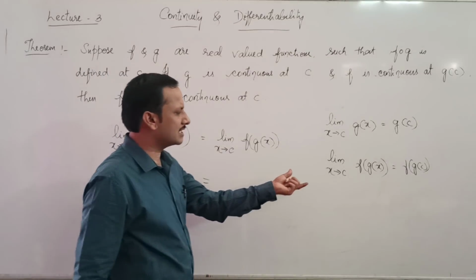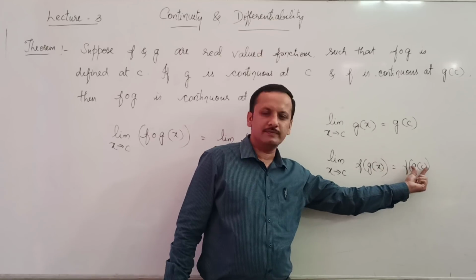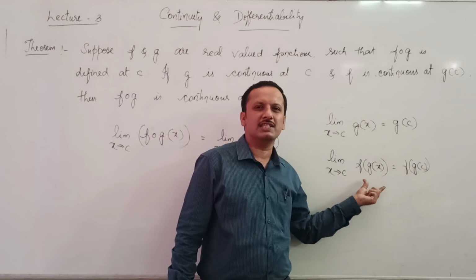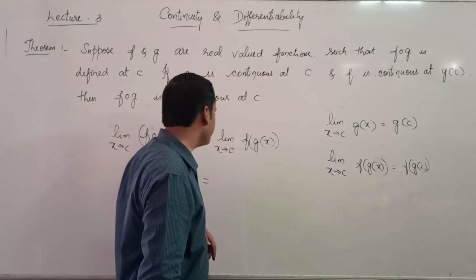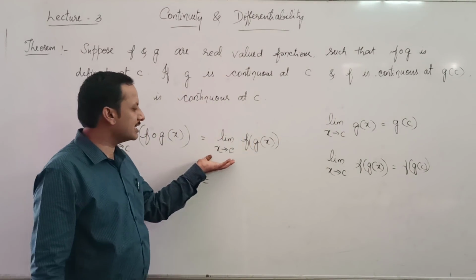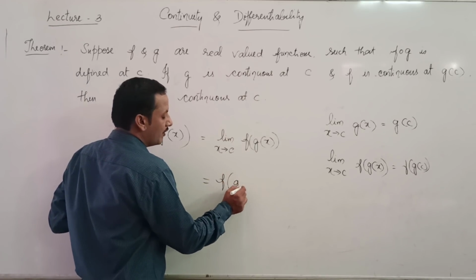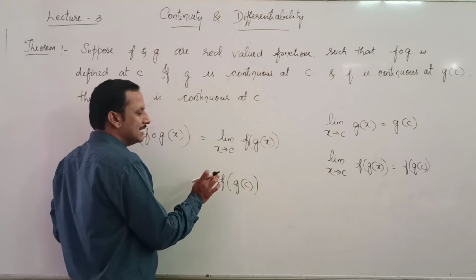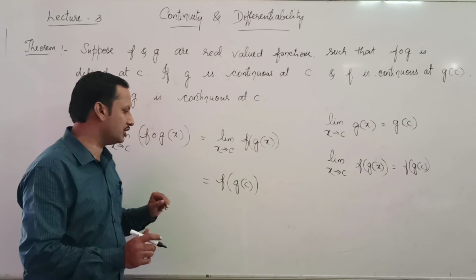So limit x tends to c of f of g of x can be written as f of g of c, since g is continuous at c and f is continuous at g of c.